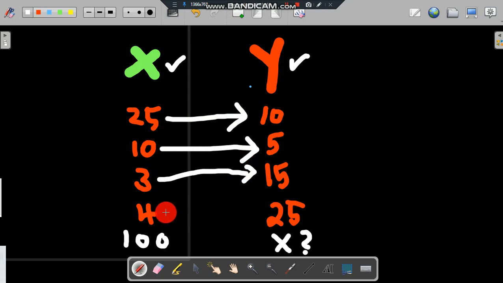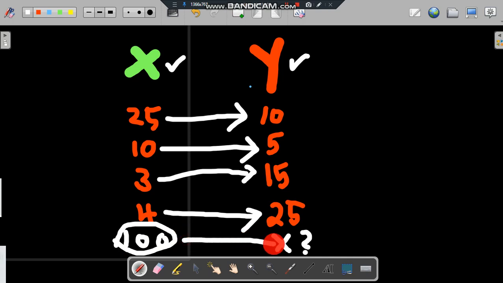When x is 4, y is 25. When x is 100, what is y? Otherwise, when x is 12, suppose, then what is y?